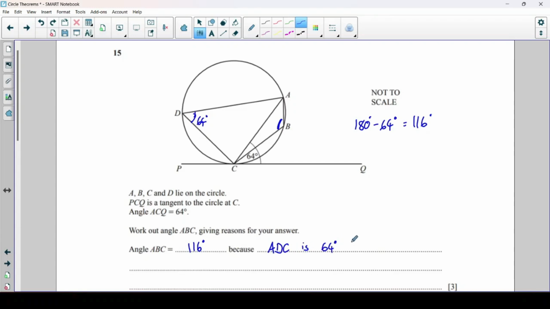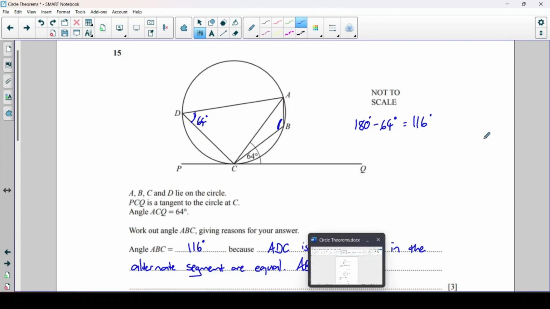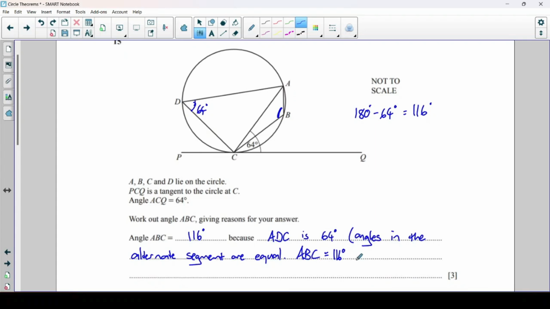The reason for that is angles in the alternate segment are equal. And then we use the fact that ABC equals 116, because opposite angles in a cyclic quadrilateral add up to 180 degrees.